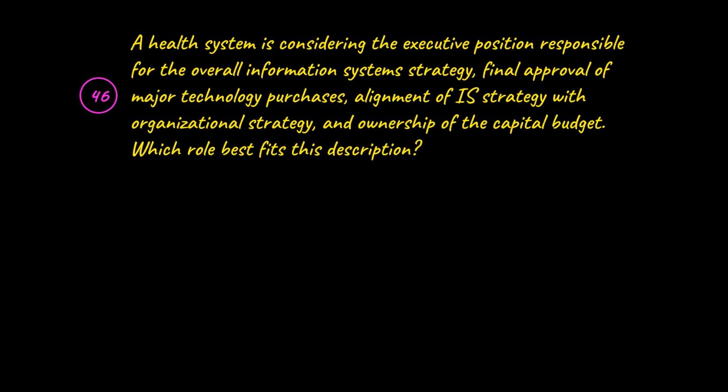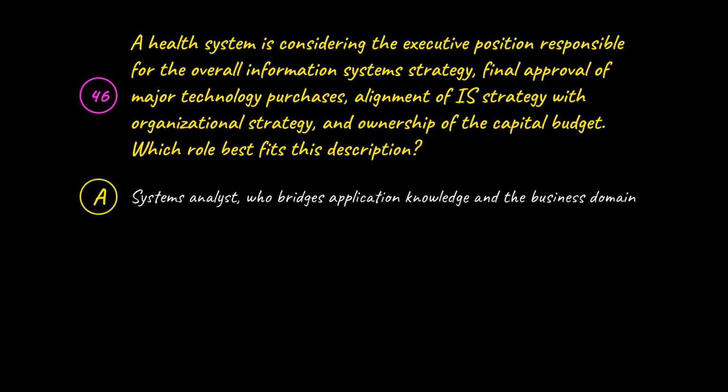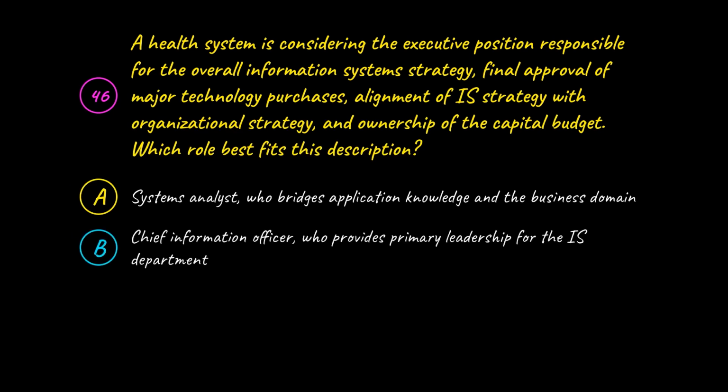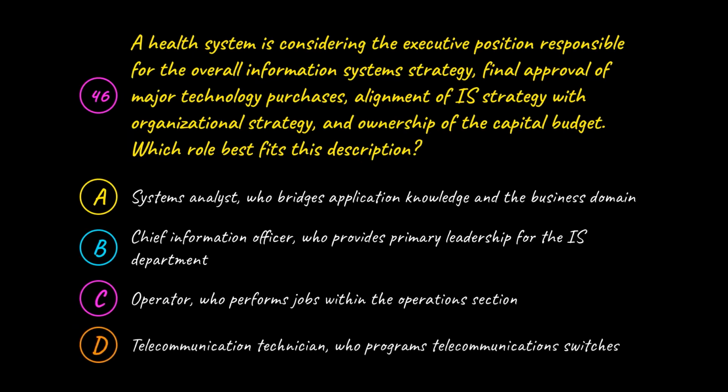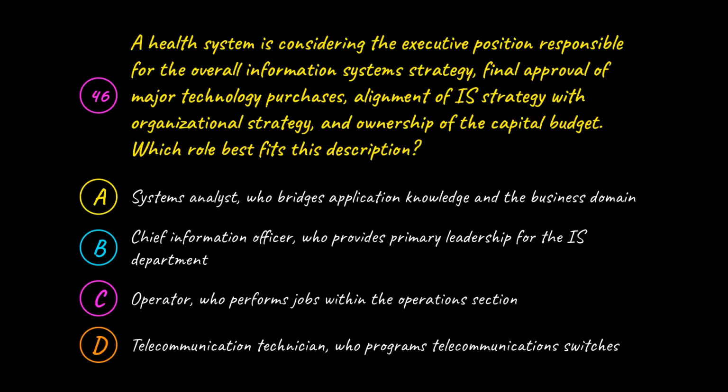Your options are A. Systems analyst who bridges application knowledge and the business domain. B. Chief Information Officer who provides primary leadership for the IS department. C. Operator who performs jobs within the operations section. D. Telecommunication technician who programs telecommunication switches. Which would you go with? Lock it in before the reveal.